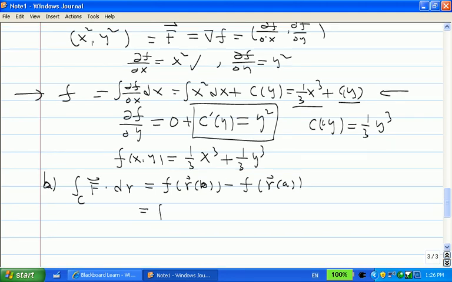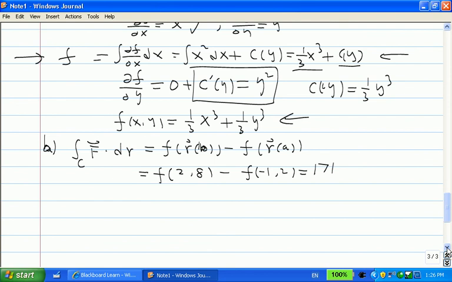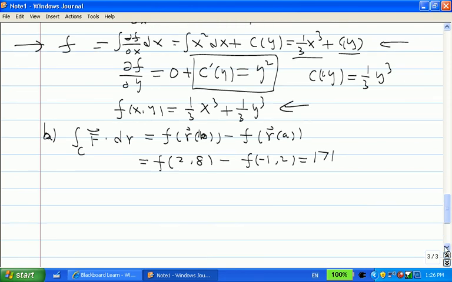I showed you before, r of b is f at (2, 8) minus f at (-1, 2), that's the starting point. So you just plug in x, y as (2, 8) or (-1, 2), and calculate that to give you 171/2. So we use the fundamental theorem for the line integral to find this.